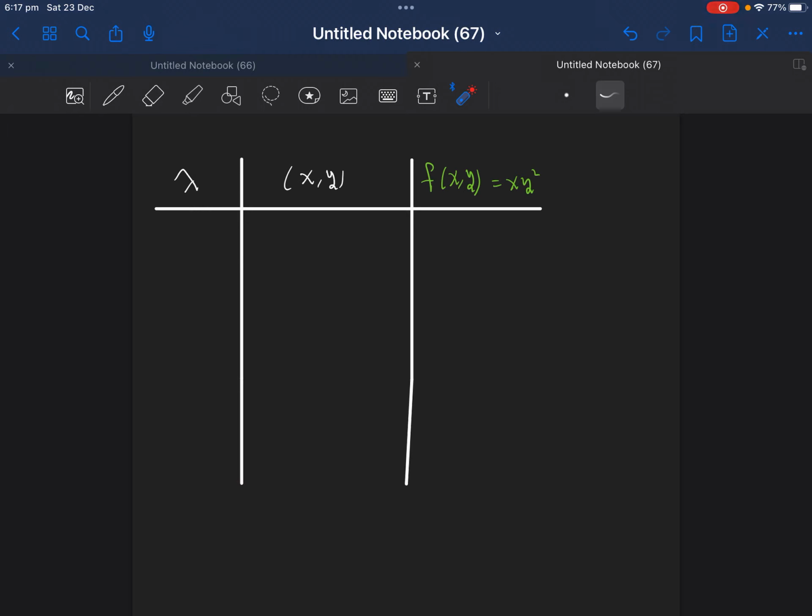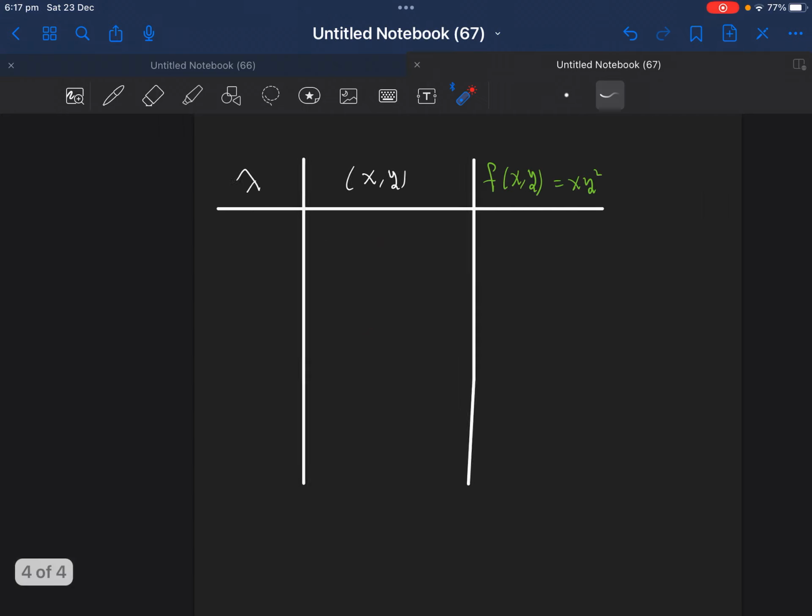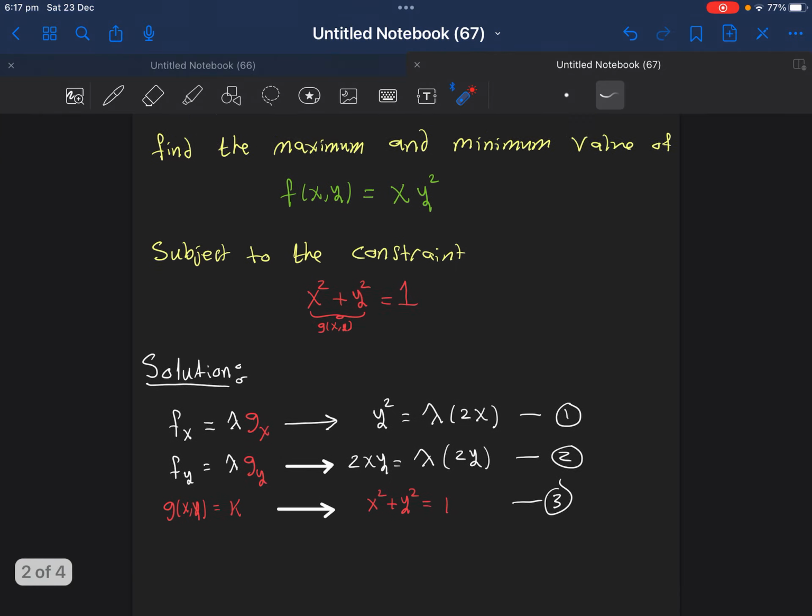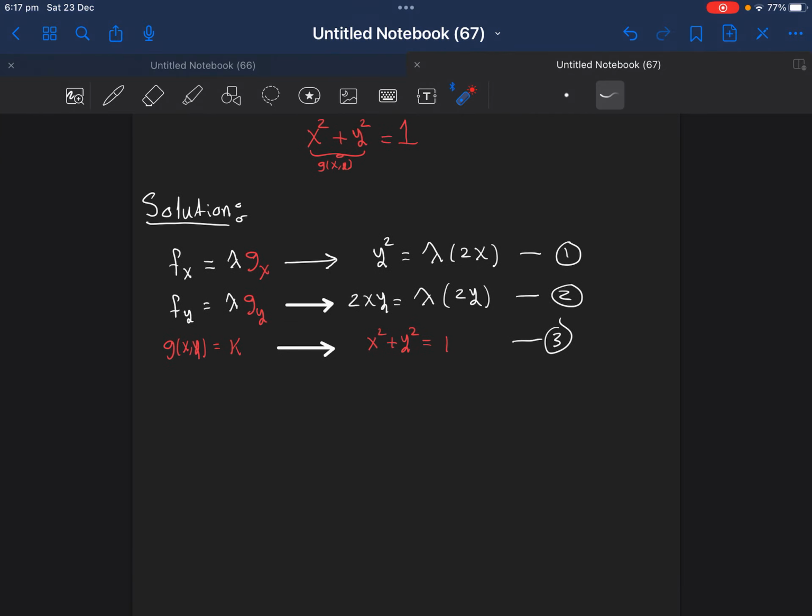If we forget or ignore one possibility, maybe that possibility we ignore would be the maximum, maybe the minimum, and maybe it's not, but we cannot judge which one is the maximum and minimum without finding all the possibilities, without ignoring anything. Keep this in mind while we are solving these equations.